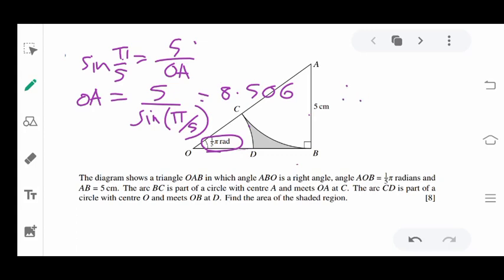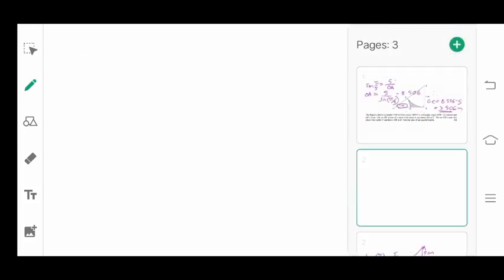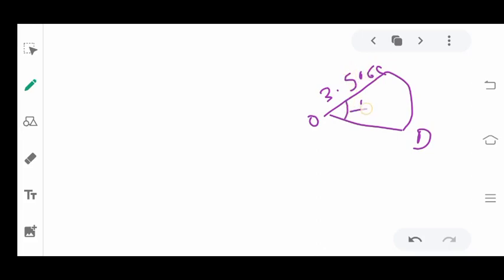Therefore, the length OC is equal to 8.506 minus AC, which is 5. So we get it as 3.506 centimeter as the radius of the sector OCD. So when we consider sector OCD, the radius is 3.506 and the angle is 1 by 5 pi.